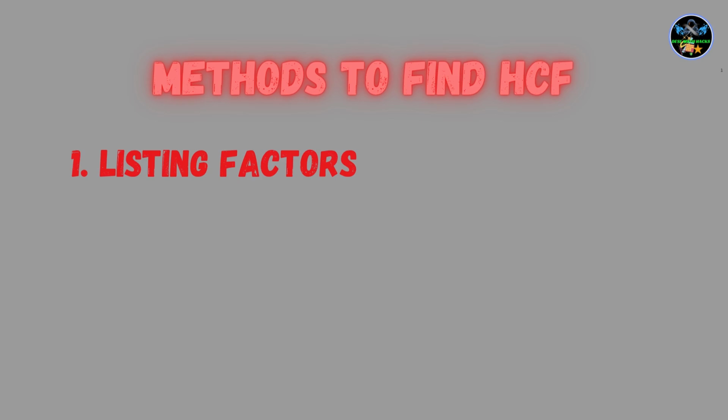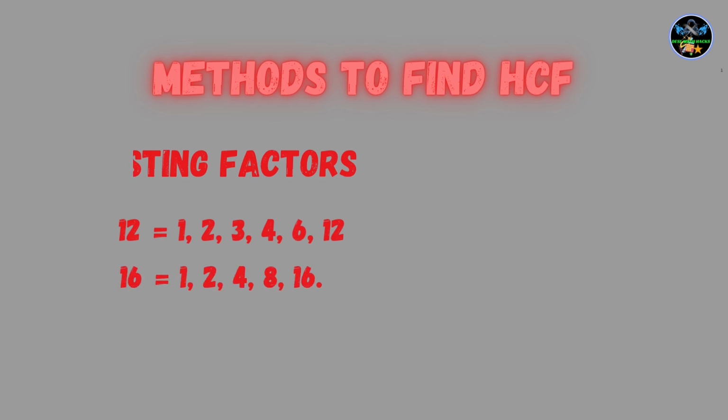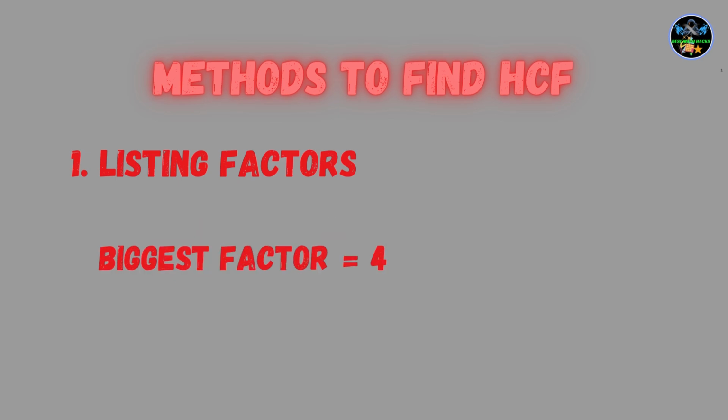So, factors of 12 are 1, 2, 3, 4, 6 and 12. And factors of 16 are 1, 2, 4, 8 and 16. So here we choose common factors that are 1, 2 and 4. And then from the common factors we choose the biggest factor, that is 4. Hence 4 will be our HCF.